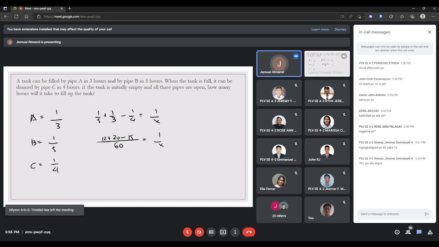So 12 plus 20 is 32, minus 15, 17 over 60, equal to 1 over x. Therefore x is equal to 60 over 17.